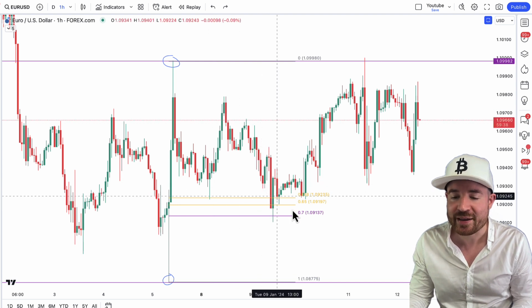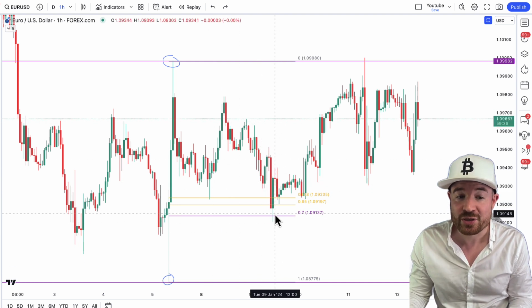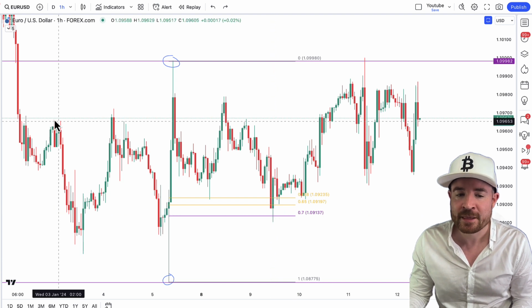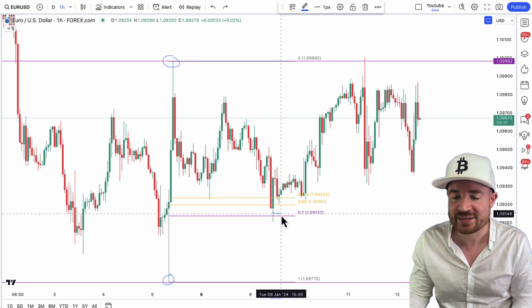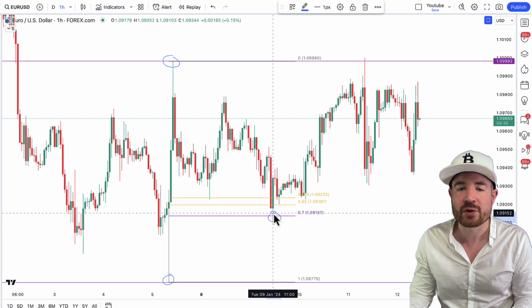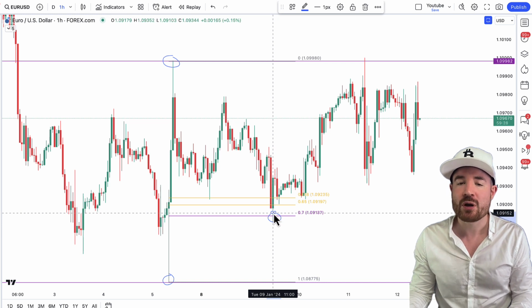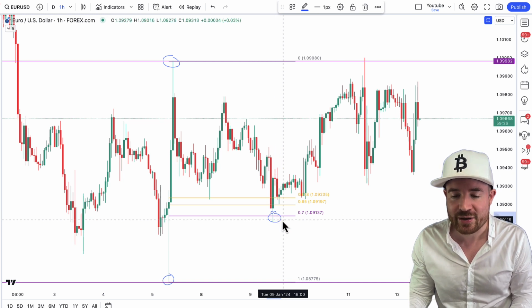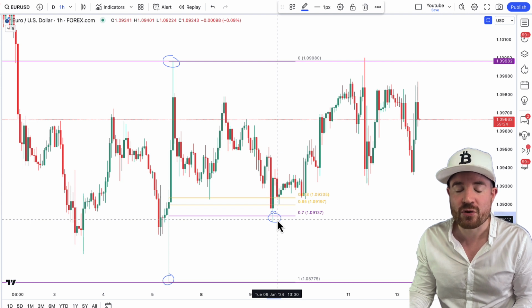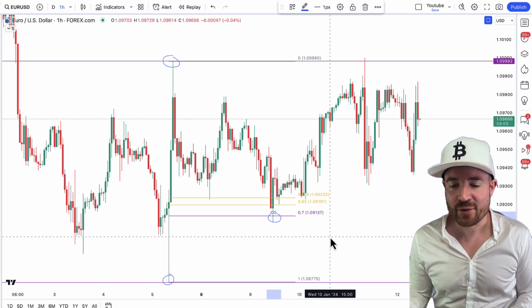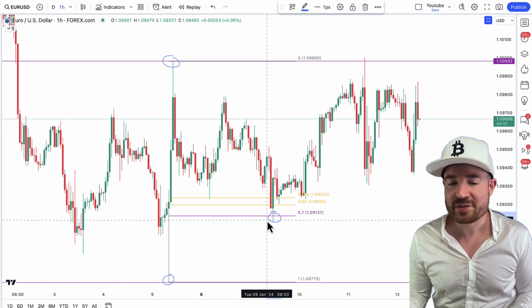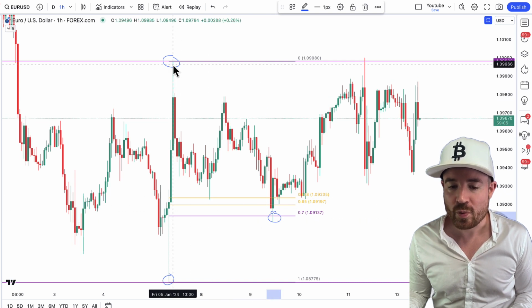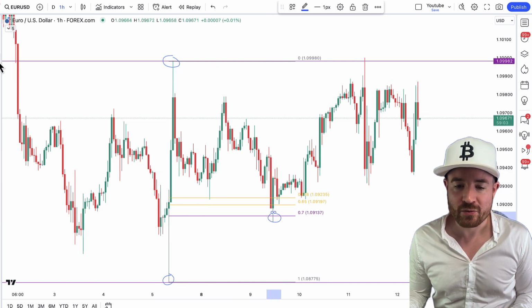That was perfectly fine. Now what ended up happening is that Euro US dollar specifically tends to go to the 0.70%. You will see it over and over again on the lower time frames and on the higher time frames. But the interesting thing here also is that this could now potentially be seen as a range from wick high to wick low over here.